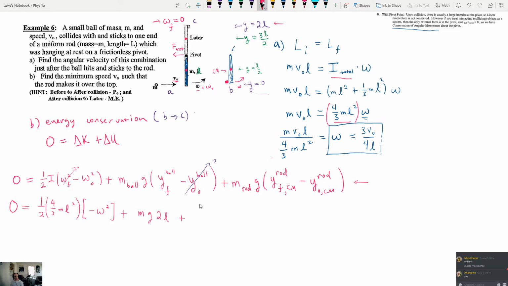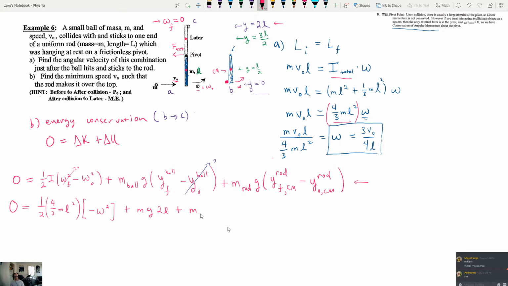Plus mg 2L plus the mass of the rod times g.